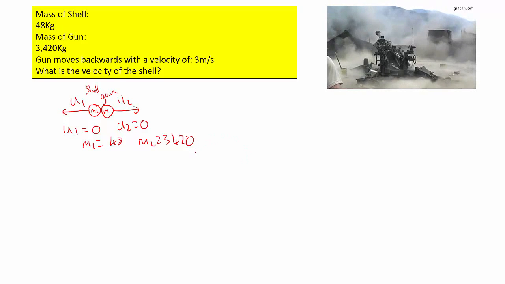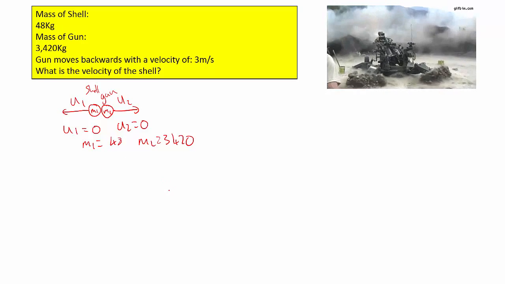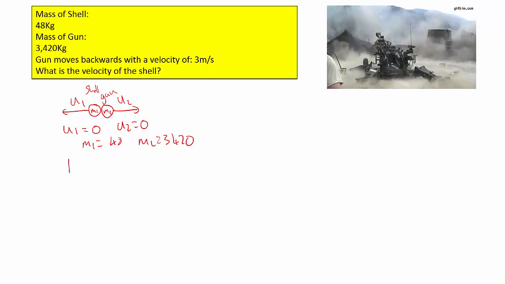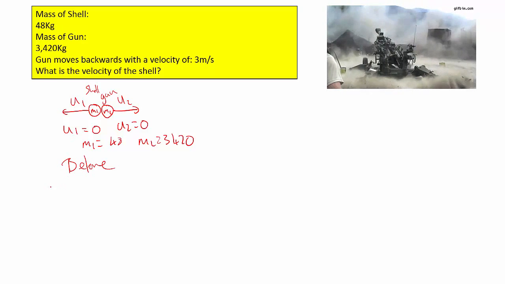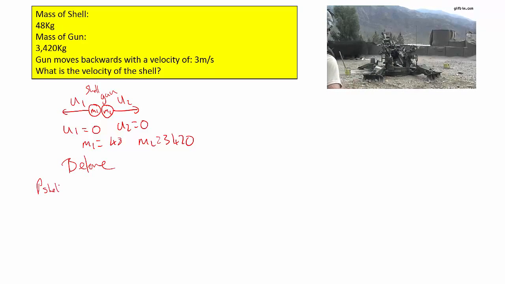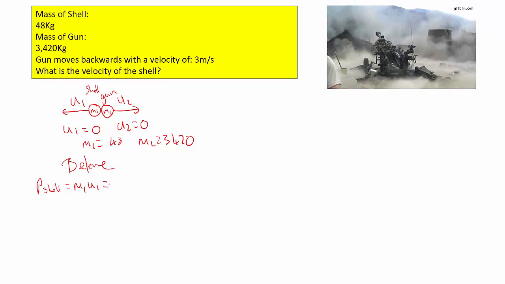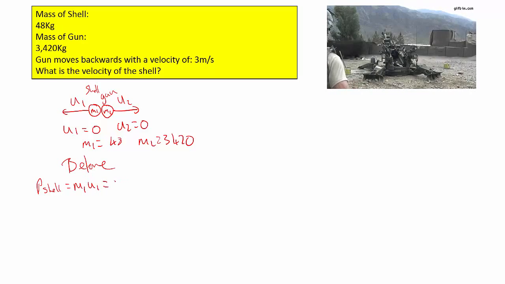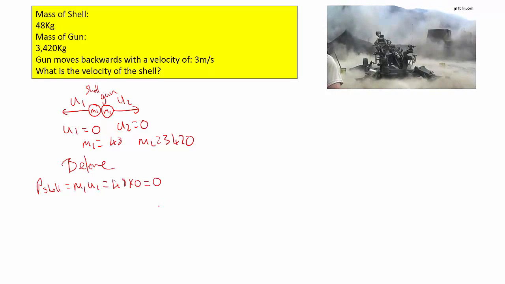So with any of these problems, I'd like to do a before and after split. Work out what the before is, and we know that that's equal to the momentum afterwards. So before, momentum of the shell, I'm going to call that P shell, is equal to M1 U1, which is equal to 48 times 0, which is equal to 0.